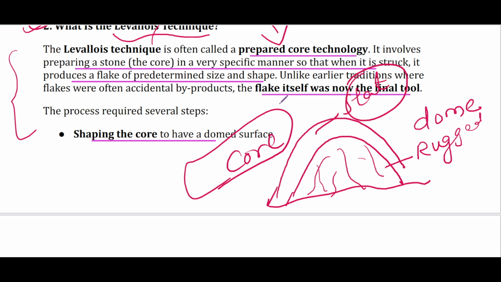Now एक hammerstone की मदद से, with the knowledge of mechanical principle, the acute, oblique angle, the hammerstone strikes this flat piece, और फिर आप देख सकते हैं अगर यहाँ पे स्ट्राइक करेगा तो particularly a very sharpened flake will come off और यही जो flake है, they became the toolkit of Levallois technique.